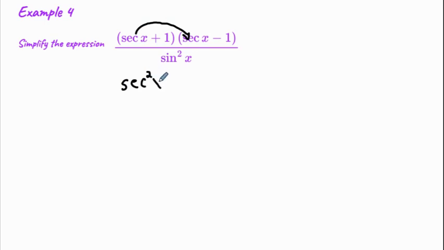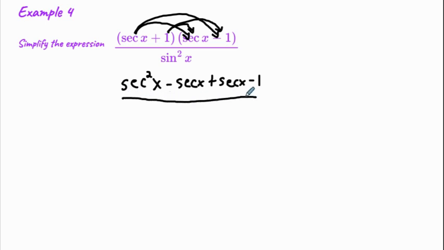Then I have minus secant x, and then plus secant x. And then 1 times negative 1 is minus 1. I'll go ahead and put sine squared x underneath. We haven't done anything with that yet.